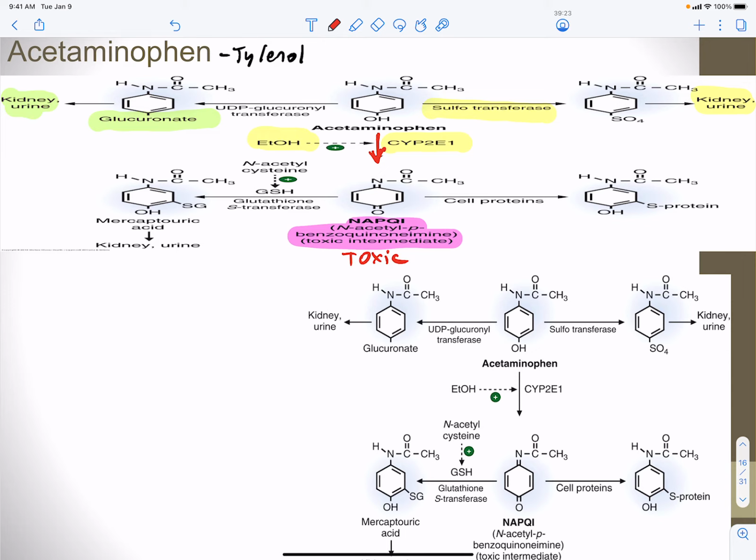Now, NAPQI can also be made more soluble. Let me do this in green. Like with glutathione. So you have the ability to make it more soluble, and then you're going to get a mercapturic acid, which can be excreted in the urine. Or it can be toxic and affect cell proteins.